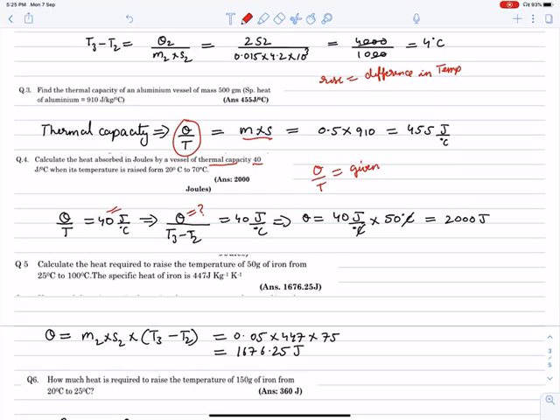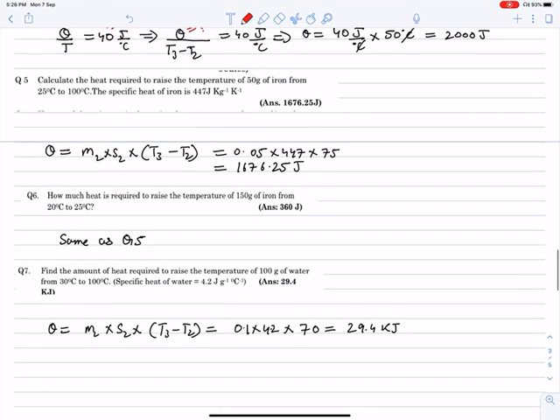M2 is given, S2 is given, T3 minus T2 is given. It is very easy, you put the numbers and get the answer, that is 1676.25 joules.